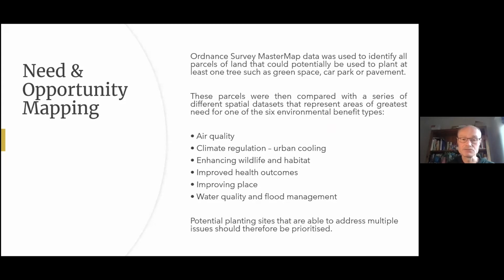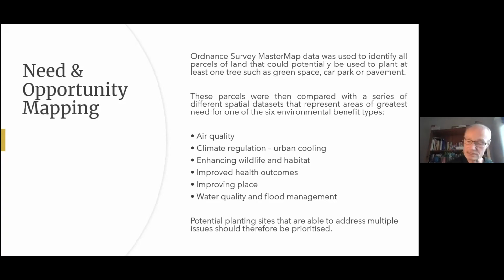Now, those parcels of land were then combined with other data layers such as air quality, urban cooling, so locations that were vulnerable to urban heat island, where we had existing wildlife areas, and also areas where there was social deprivation, and also areas that were vulnerable to flooding and also poor water quality.